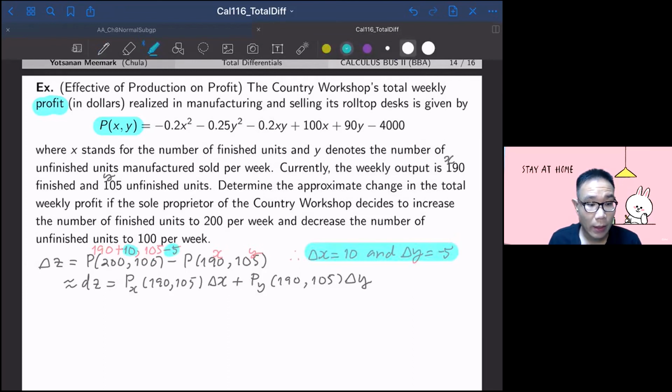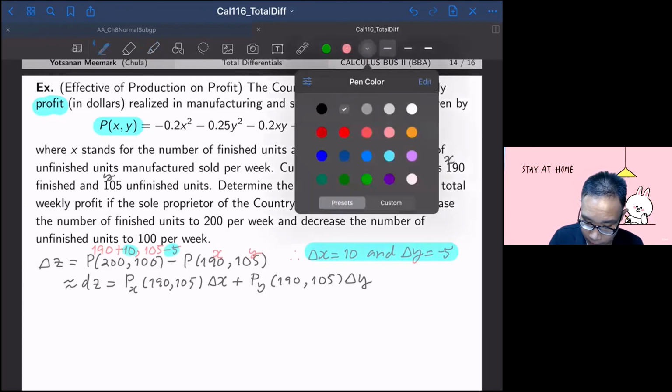And you have to find the partial derivatives Px and Py. Let me find them up here.